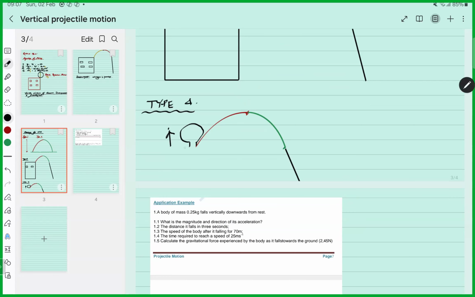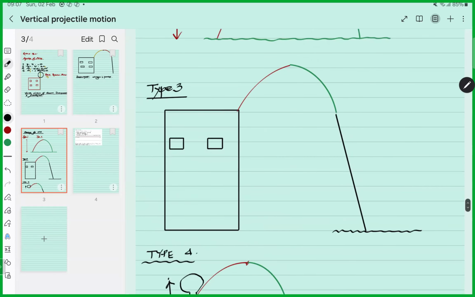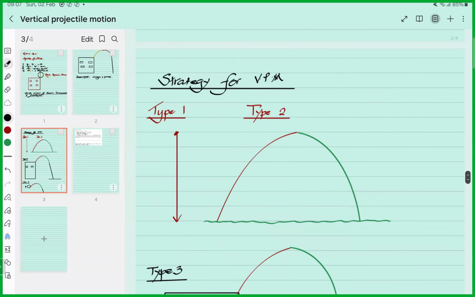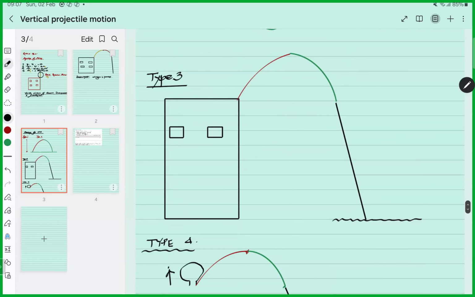Type 5 is an extension of type 3. It is where you have the object thrown up into the air, coming down to the ground, and it actually bounces here. So type 3 and type 5 are virtually the same. Actually, if you take type 3 and mix it with type 2, you're going to get what we call a bouncing ball.